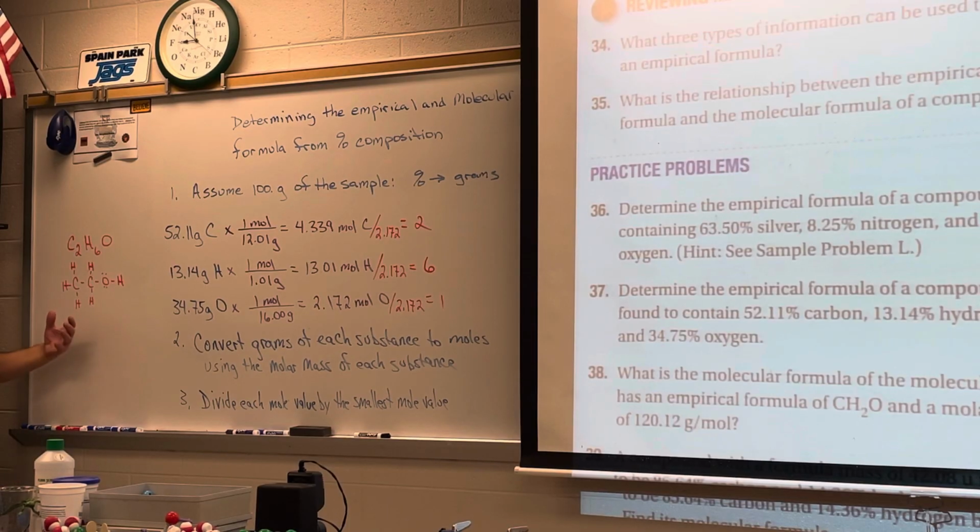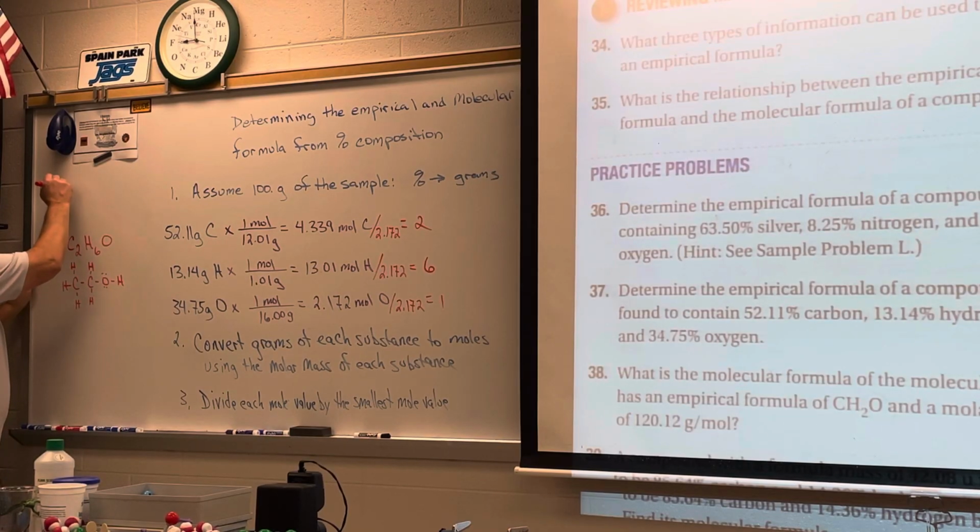Anybody remember what the prefix for 2 carbons was? No. Remember the organic compounds. We just did that. Think of the evaporation lab you just turned in. This is one of the ones you just did on the evaporation lab. If they have an OH, what do they all end in? All OL, okay?